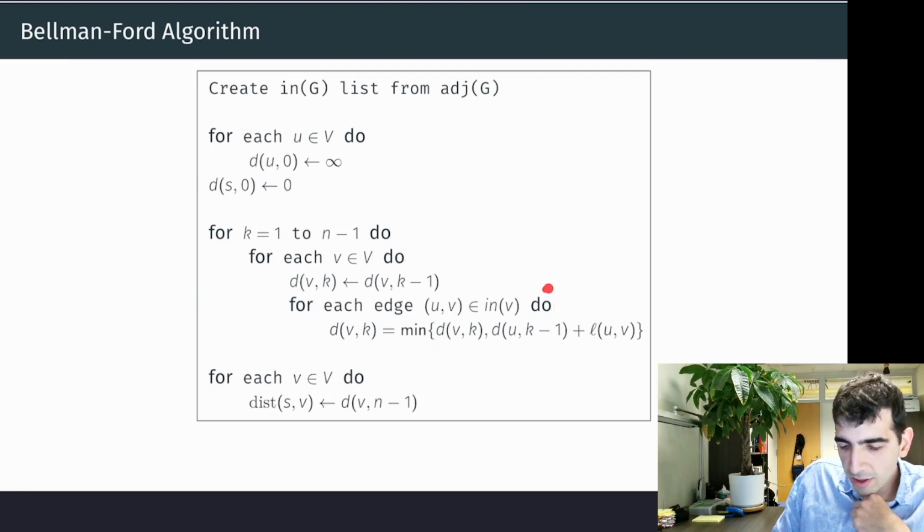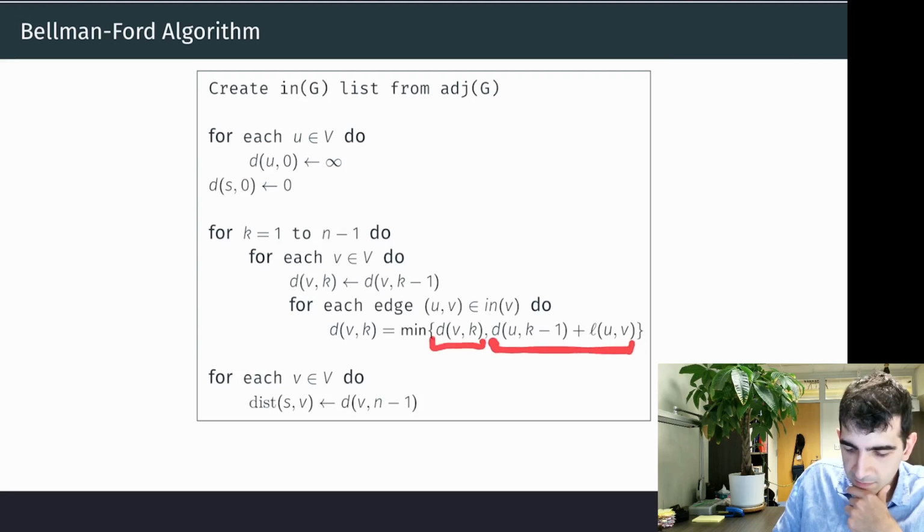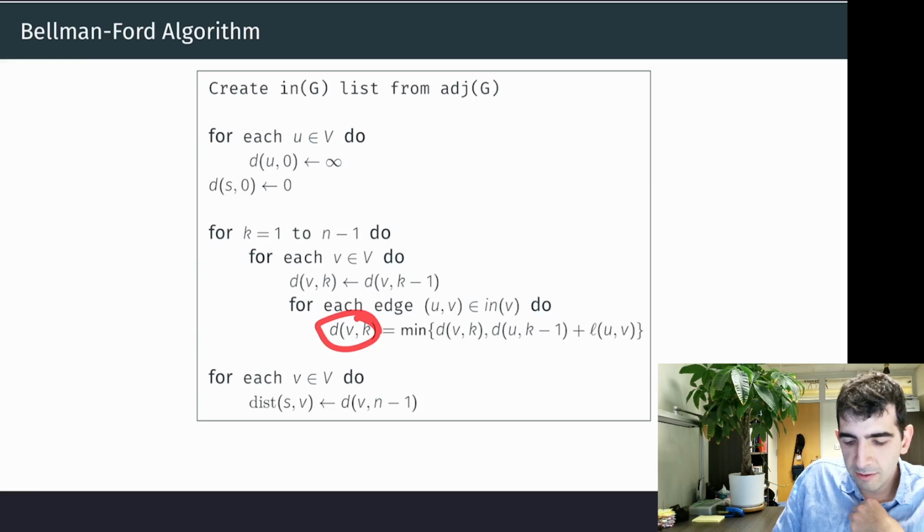For every edge going into a vertex, we recalculate the potential new distance using that edge as the kth edge, and then see what the minimum of these two is. If we do this calculation, we get the minimum distance to get from S to V using at most k hops. And for every new row we initialize, we copy all the values from the previous row into the new row.